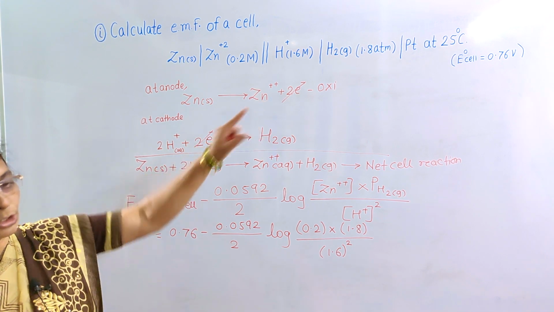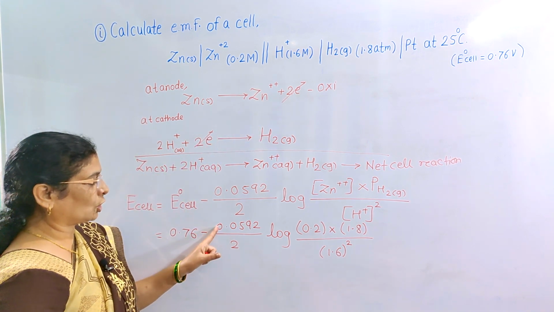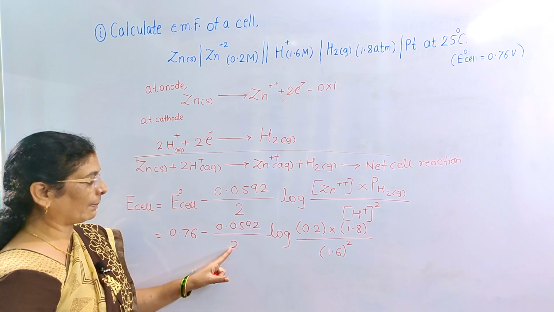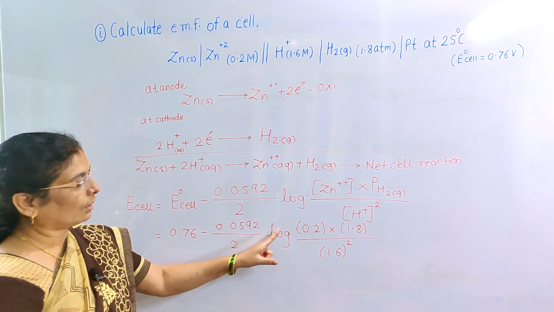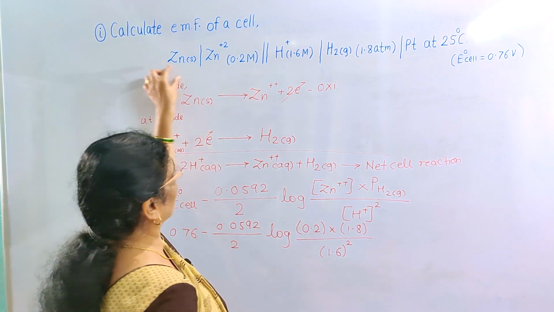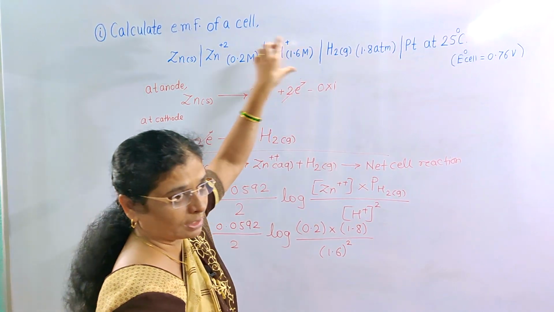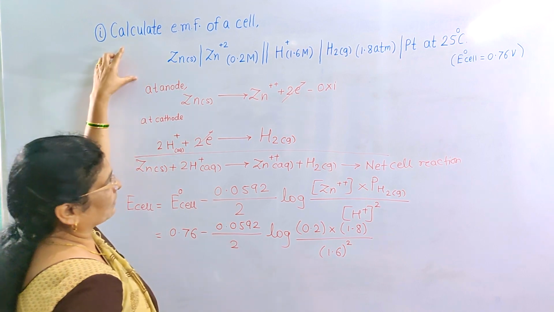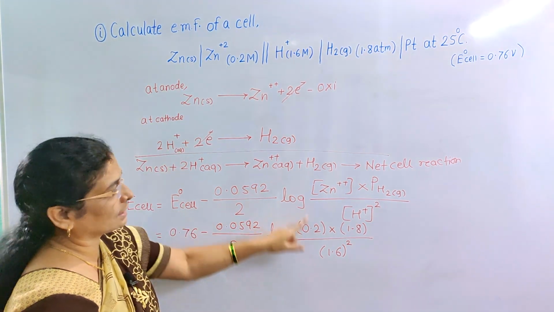E0 cell 0.76 minus 0.0592 divided by 2 into log of concentration of products Zn2+. These concentrations are given in this expression, or from the cell formula we have to take these values.